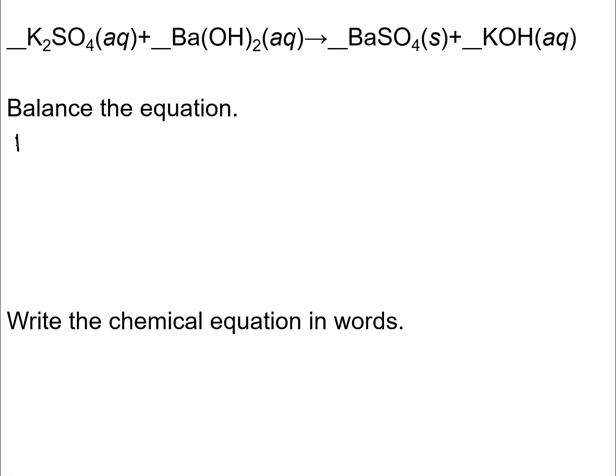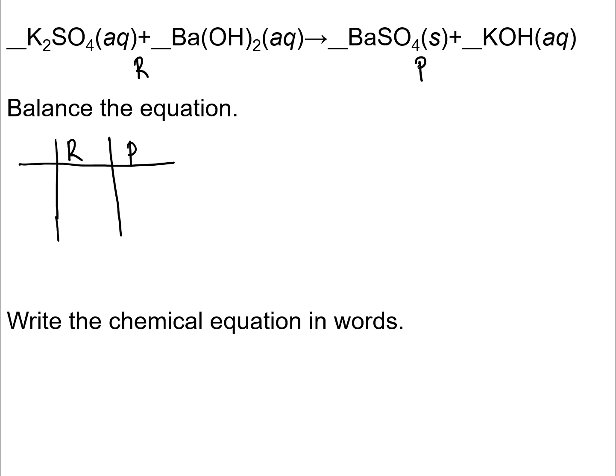So I like to use a table. I look at my reactants and my products, which, just for a refresher, the reactants are on the left-hand side of the arrow.